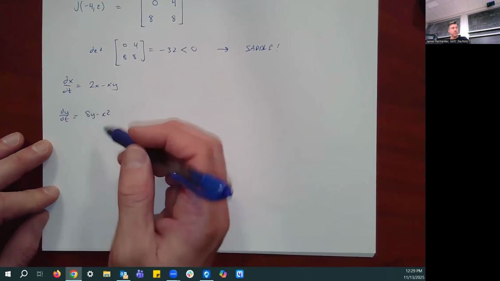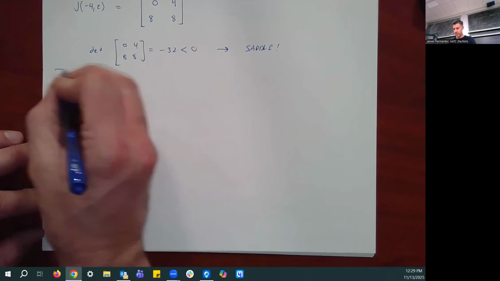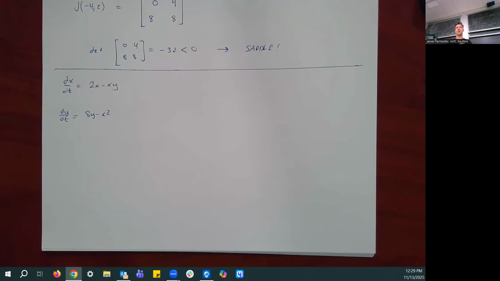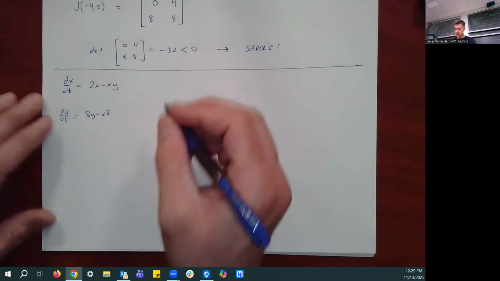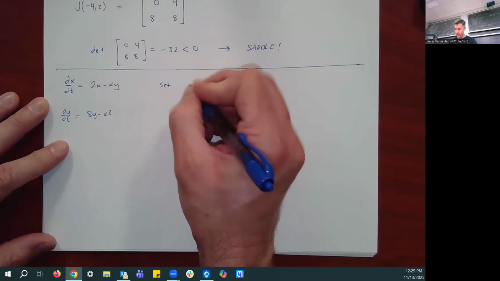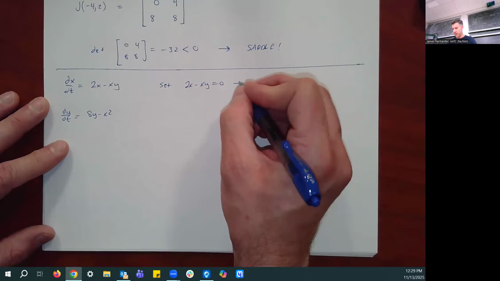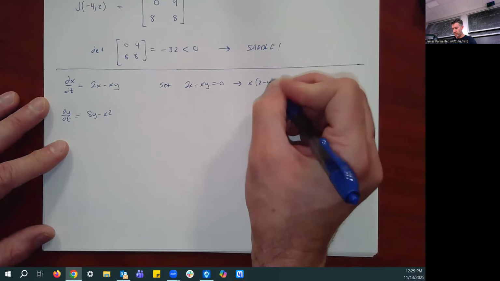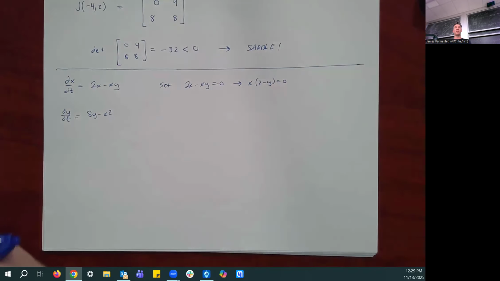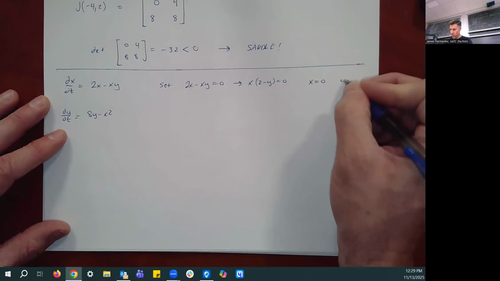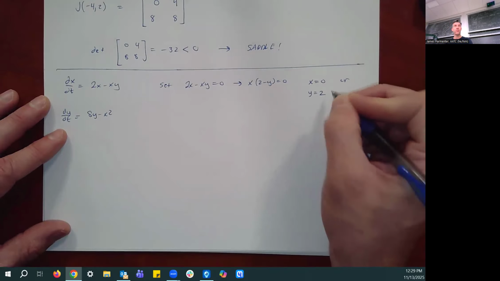To find the nullclines, you're just going to set each equation equal to 0 separately and see what curves you get. So setting the first equation equal to 0, 2x minus xy equal to 0, we factor out the x, and we get x times 2 minus y equal to 0. So our x nullclines are going to be either x equal to 0 or y equal to 2.